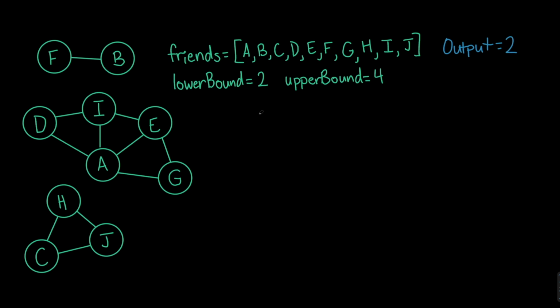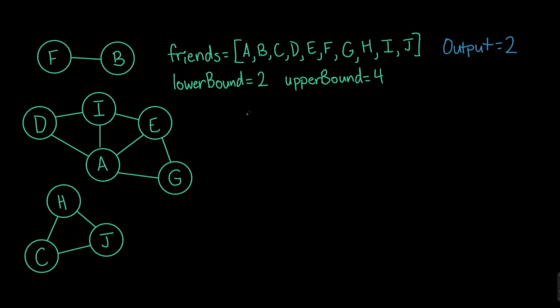If it had 3 people or 4 people, those are all considered perfectly sized. But if it had 0 or 1, or maybe 5, 6, 7, or continuing onwards, those are all considered not perfectly sized friend groups. So, the output in this problem should be the number of perfectly sized friend groups that are present with the inputs that are provided.